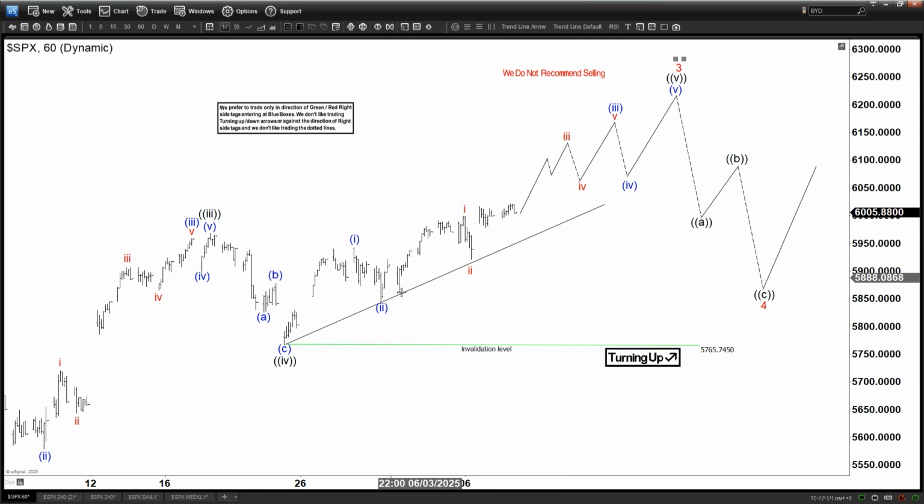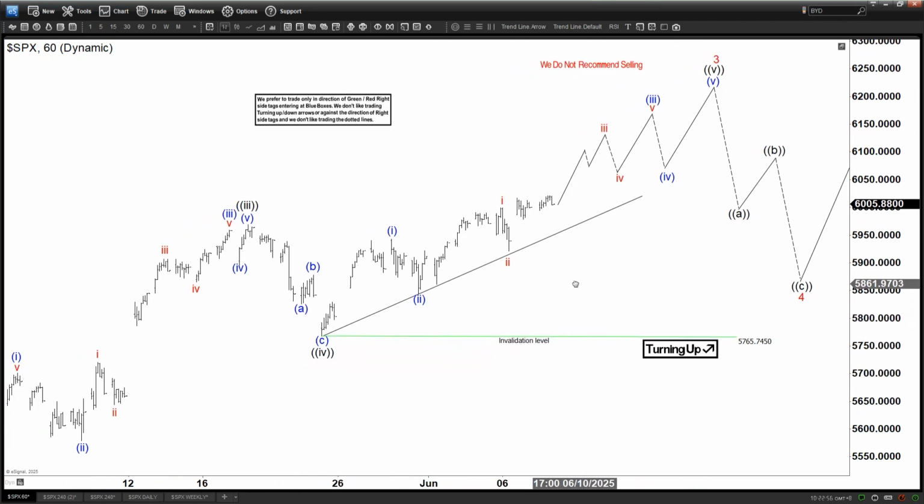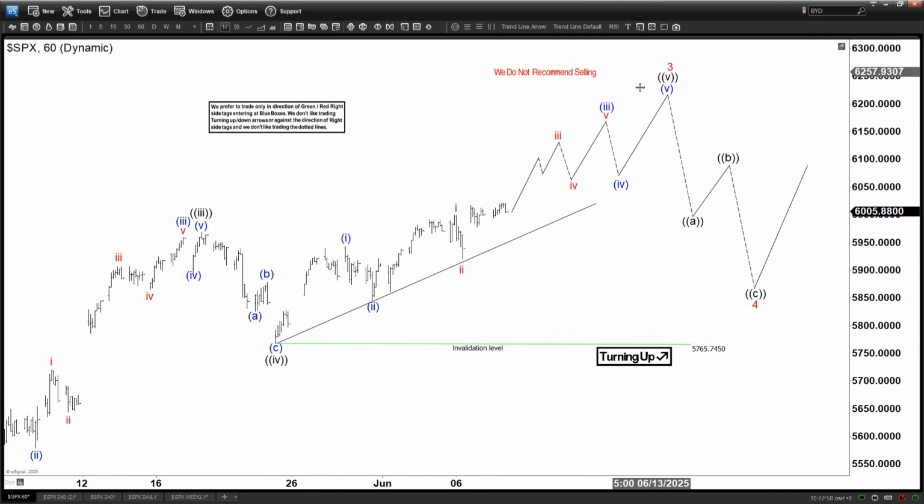It doesn't work that way. The key takeaway I want to stress is that we should be getting close to finishing 5 here and also 3, and then see a bigger pullback after that before we continue to extend higher again one more time. All right.